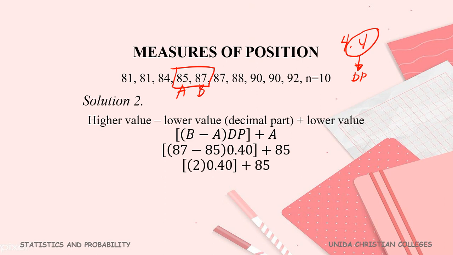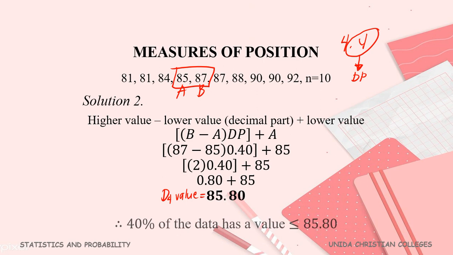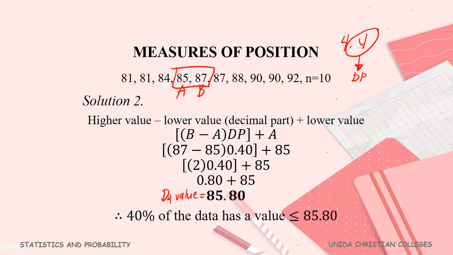After that, 2 times 0.40, we have 0.80 or 0.8. And then after that, add to 85. So we got 85.80. So this is the value of our fourth decile. So therefore, 40% of the data has a value less than or equal to 85.80.